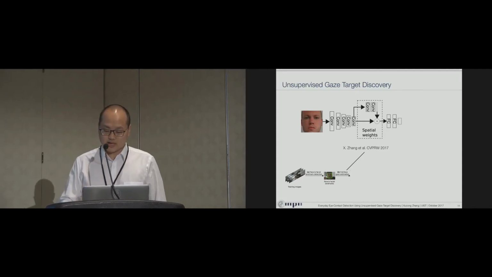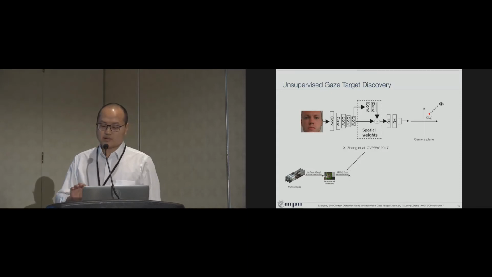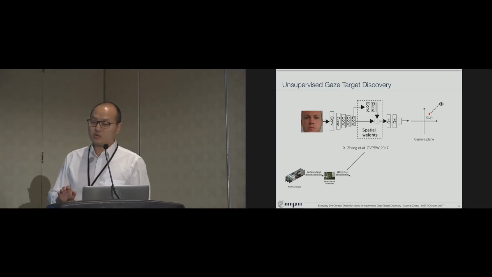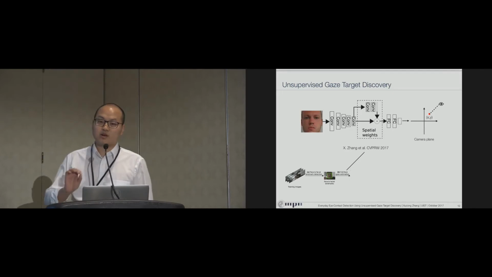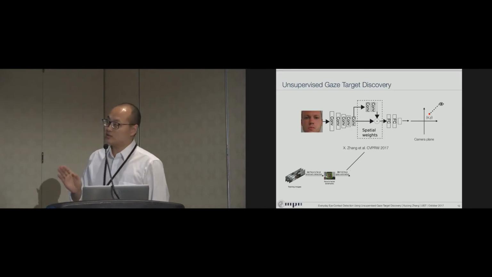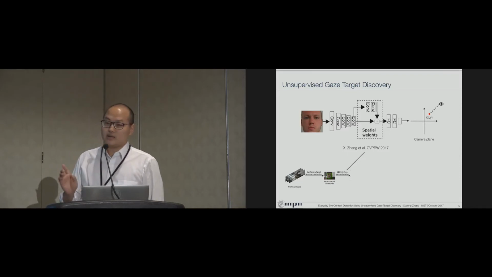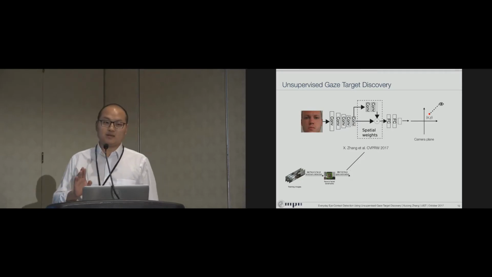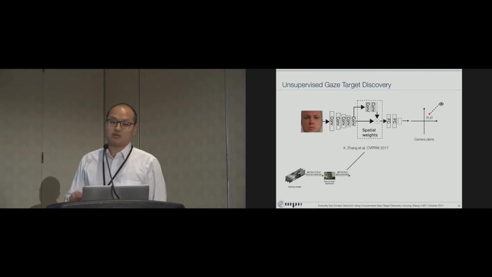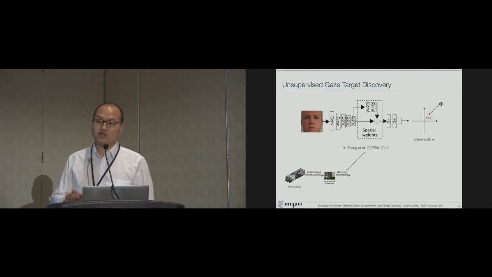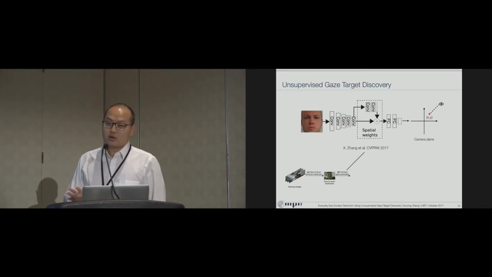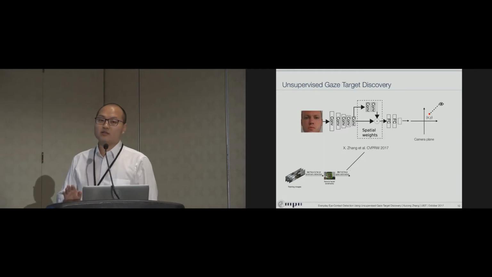And then we project this gaze direction onto the camera plane with dummy camera parameters, which are fake parameters, so that we don't need camera calibration at all. In this case, the projected gaze point on the camera plane is not accurate, but it doesn't matter for our method. We just need to know the relative position. So for each sample, you will get one gaze location on the camera plane.